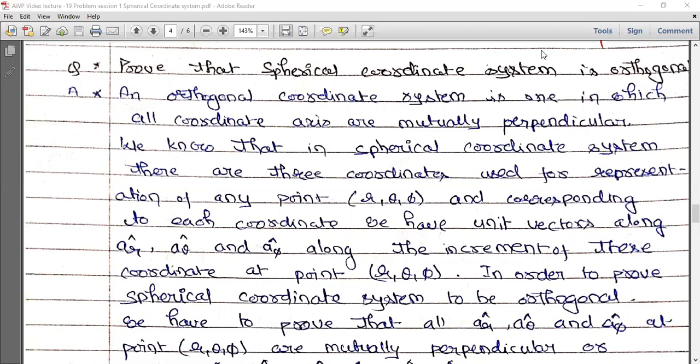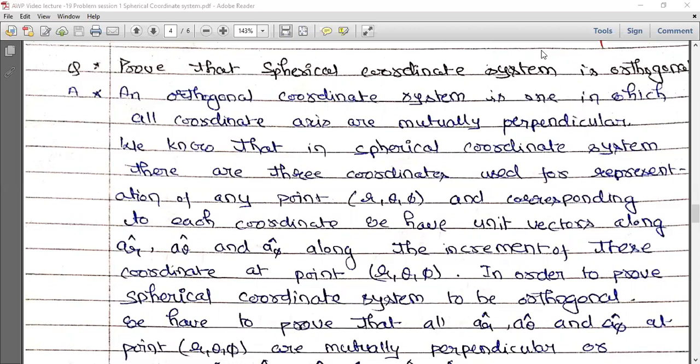Now, in the spherical coordinate system, any point is represented by three coordinates r, theta and phi. The coordinate unit vectors are the unit vectors along the direction of increment of these coordinates.